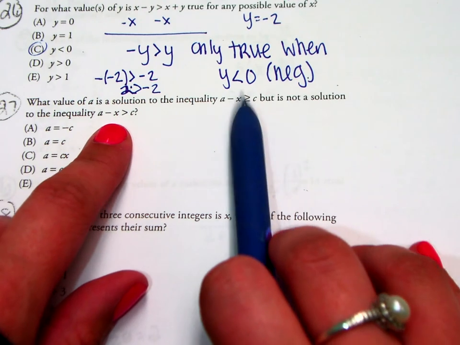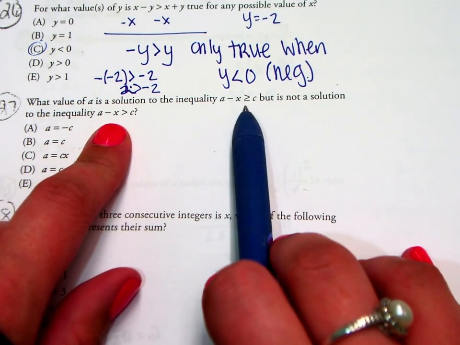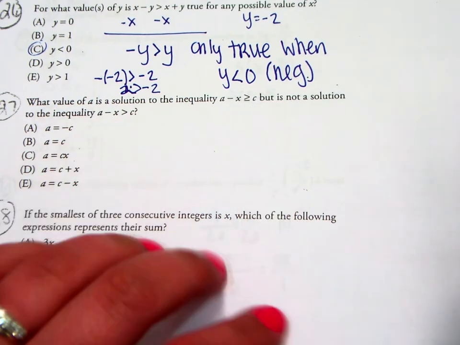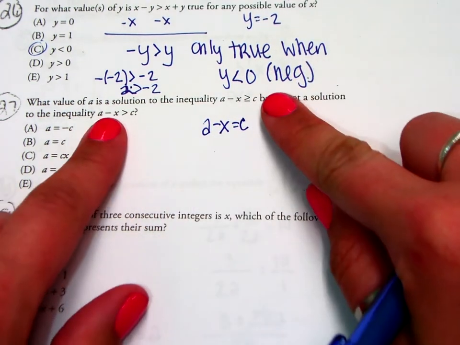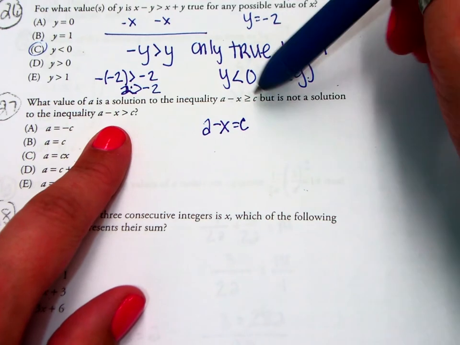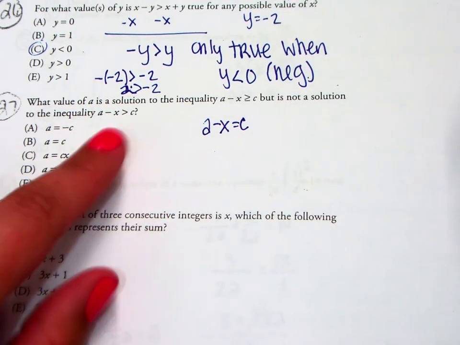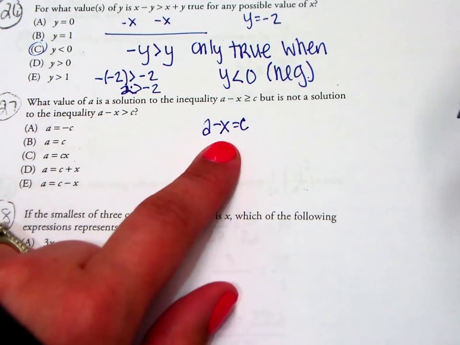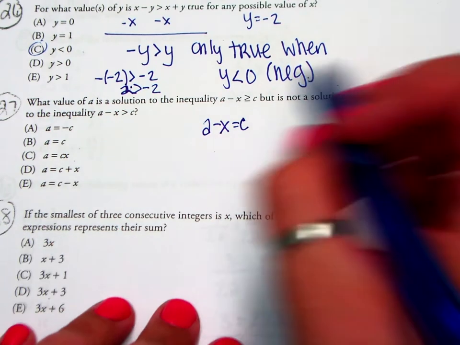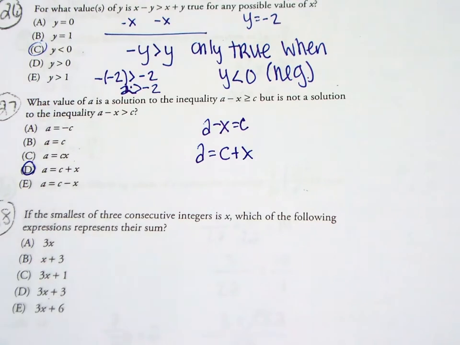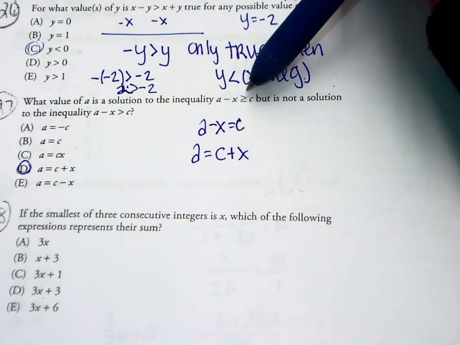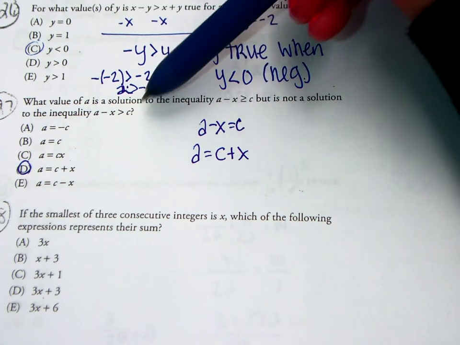Well, the only difference is that up here, A minus x can be equal to C. That's the only difference between these two. So if it's a solution of this one, but not a solution down here, that means that A minus x has to equal C. So A equals C plus x, which is option D. The only overlap here is that this one is including when they can be equal, and this one is not.